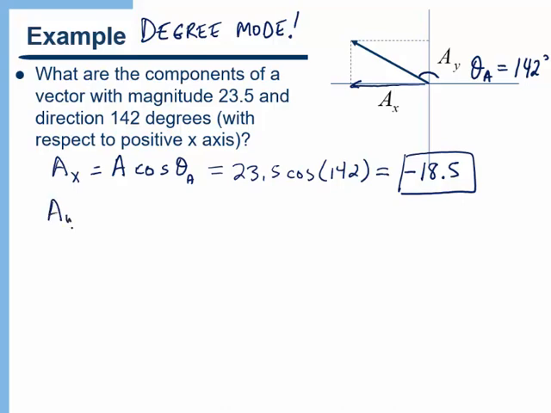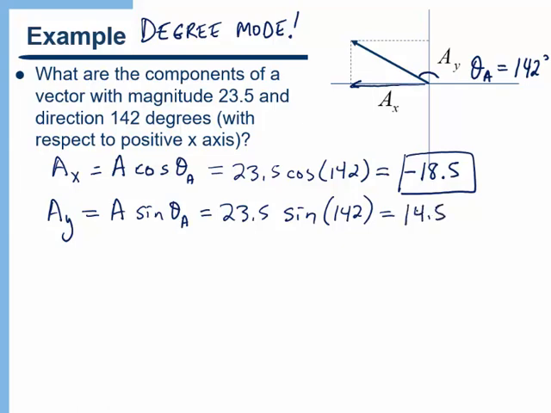To find the y component, I'll do a sine theta a: 23.5 times the sine of 142. If you work that out, you should get 14.5. Notice that we get a positive value, and that makes sense because I can see the y component of that vector is positive.